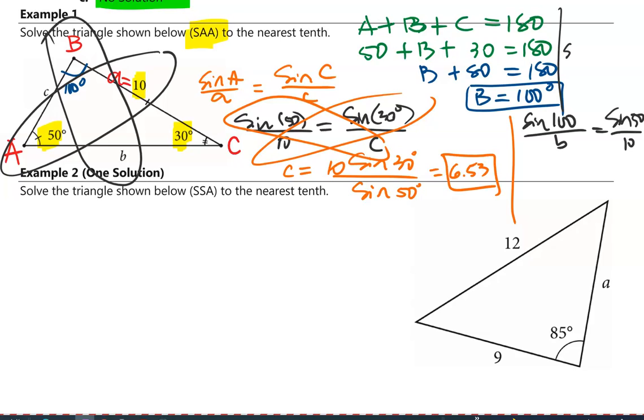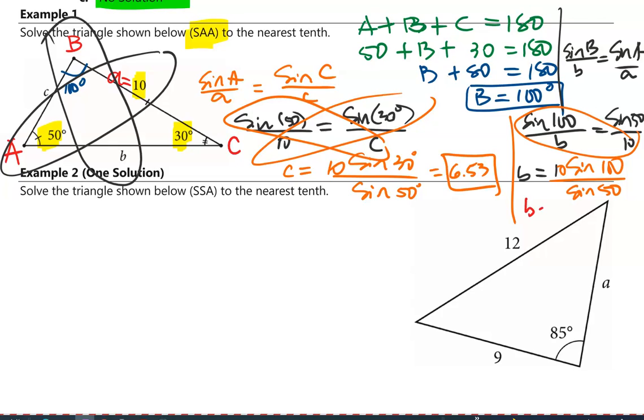Again, we use sine B over B is equal to sine A over A, and then we cross multiply like how we solved for C. So B is equal to 10 sine of 100 over sine 50, and we get B is equal to 12.86.